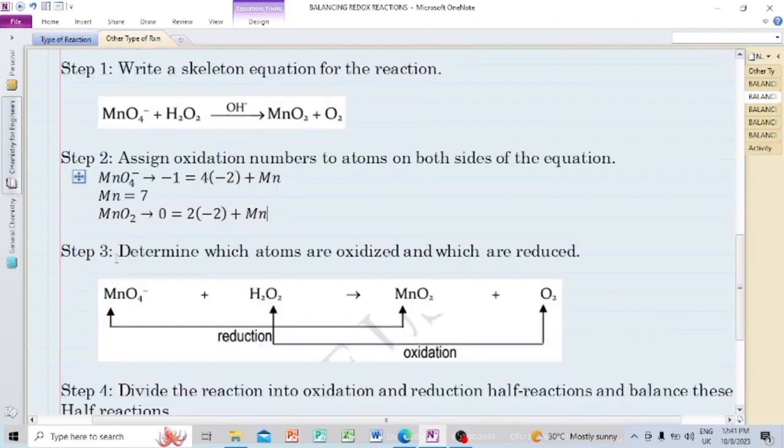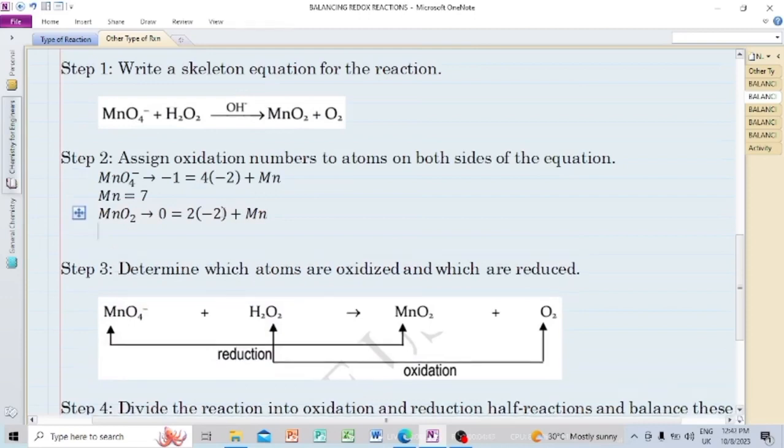So the oxidation number of Mn will be 4, because -4 plus 4 is equal to 0. So on the reactant side, Mn equals +7, and on the product side, Mn is equal to 4.